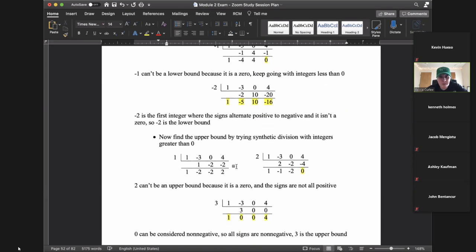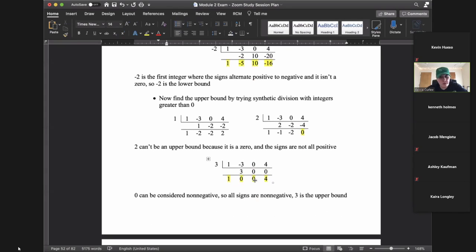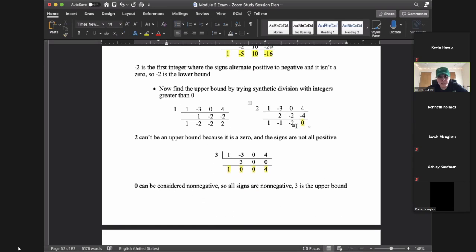Now we find the upper bound by trying synthetic division with integers greater than 0. We'll start with 1. For an upper bound, we need all non-negative entries in our synthetic division. We already see we have some negatives here, so 1 isn't an upper bound. We try 2, and we see that 2 gives a remainder of 0, so 2 can't be an upper bound. The signs are also not all positive, so it can't be an upper bound anyway. Then we keep going.